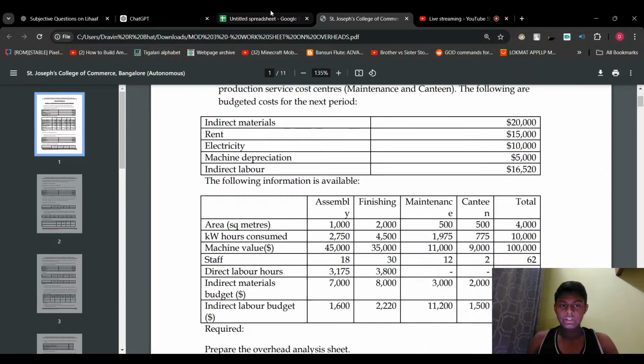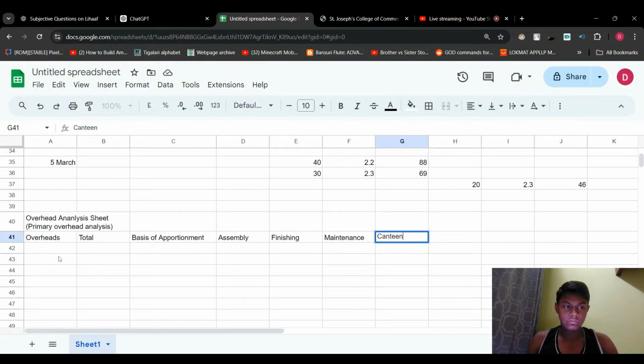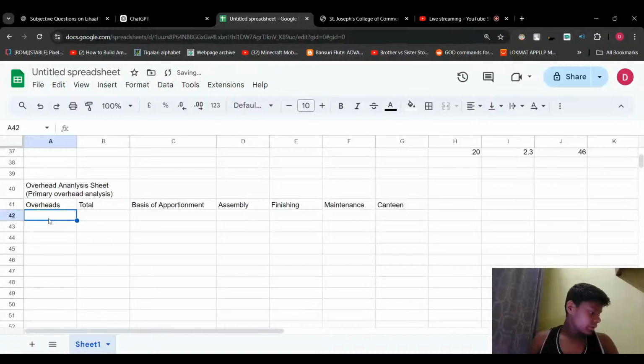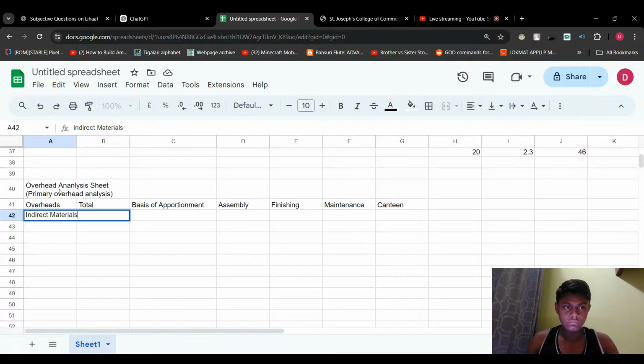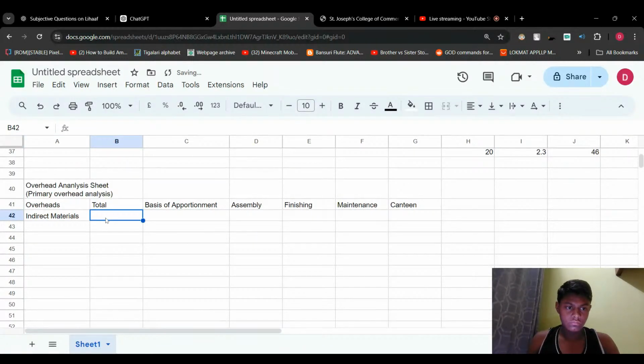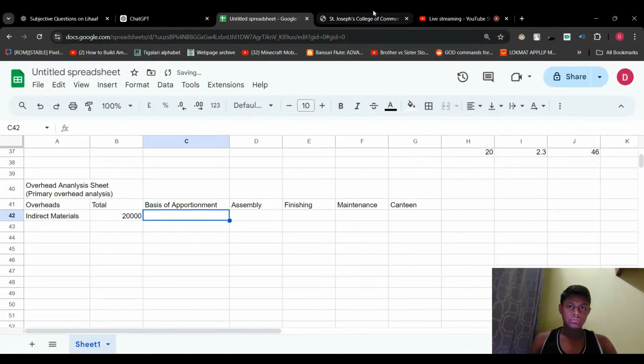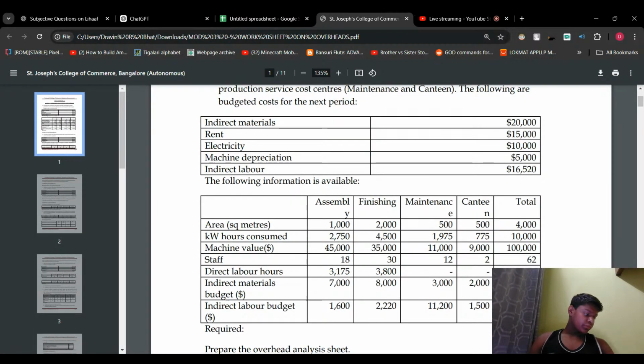Indirect materials is given as how much? 20,000. So why not do indirect materials first? The total is 20,000. The basis of apportionment is the indirect materials budget.